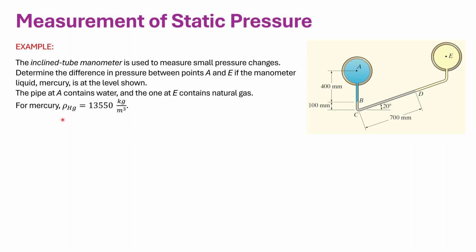And for mercury, rho Hg equals 13,550 kilograms per meter cubed. So let's see how we can find delta P, which is the pressure difference between this point and this point. Pressure at E is essentially the same as that at D. Why?